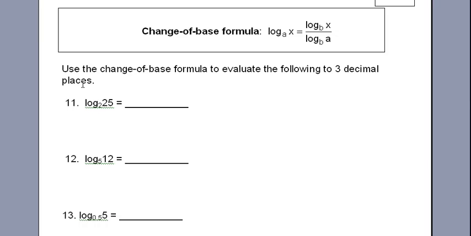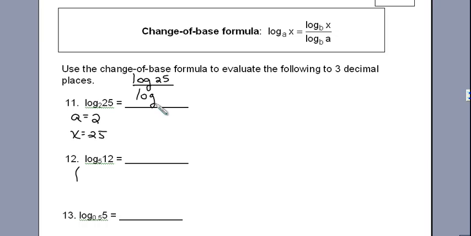A is going to be, in this case, 2, and x is going to be 25. Now let's put it in the formula as it's written, and we don't have to write base 10, because remember, when you have base 10, you just write log. So to get an actual answer for this, you'd say log of 25 over log 2.